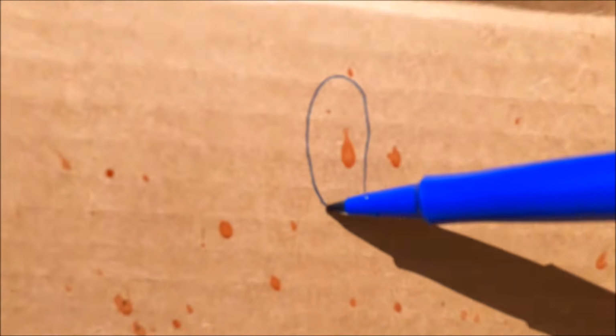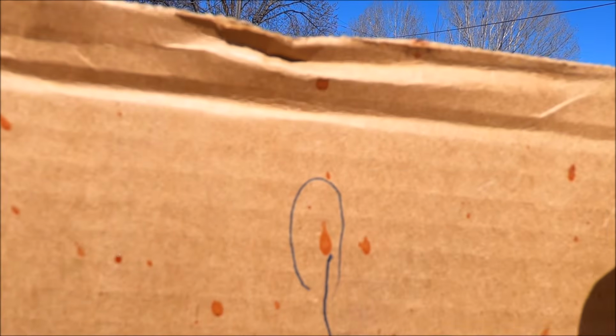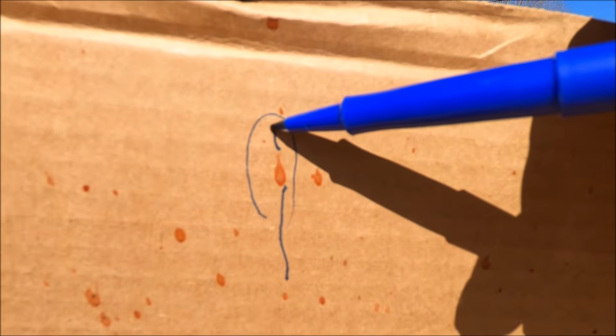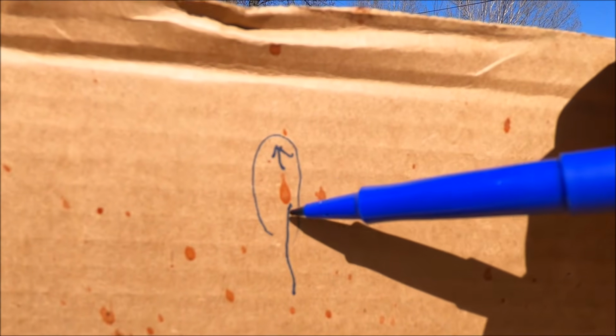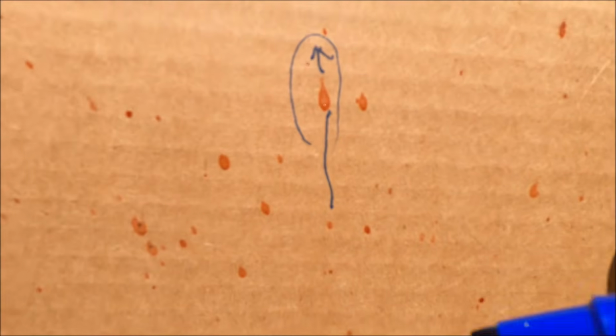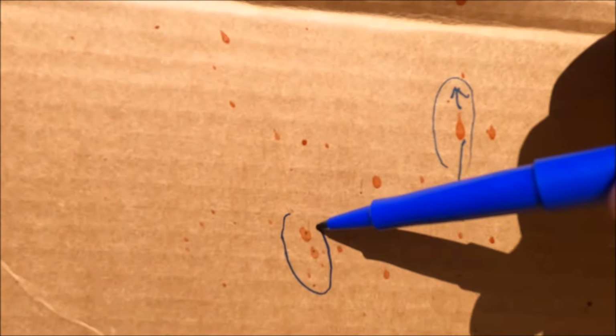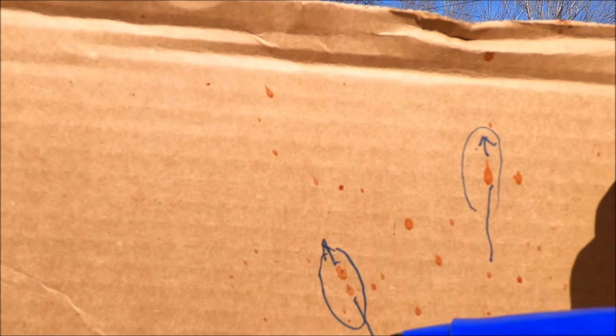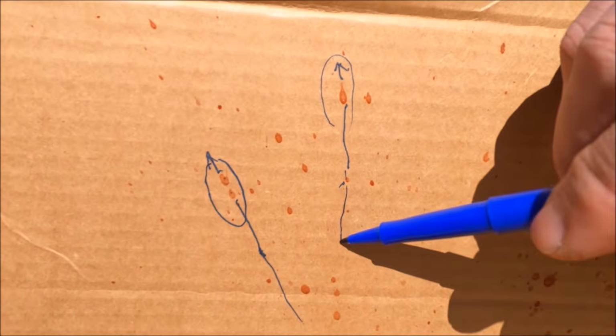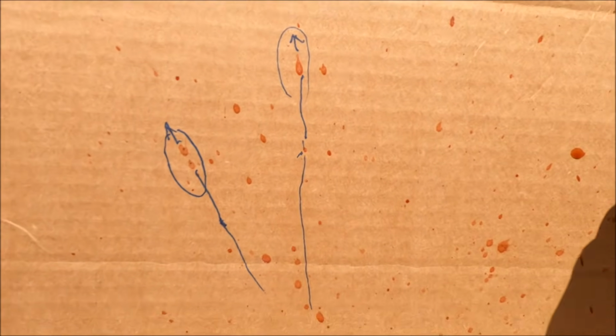Or if we look up ahead, we've got some of those droplets showing that they're headed in this direction from that tail, so they must have come from somewhere else. If we can start to string together a bunch of where they're heading and where they came from, we can start to figure out an origin.